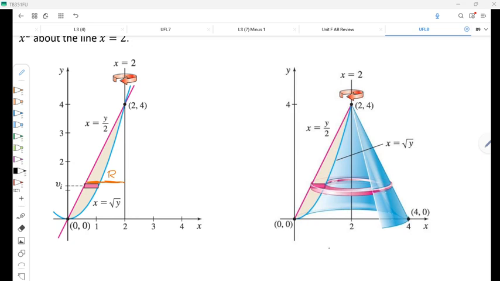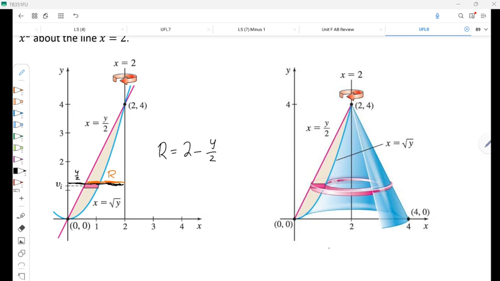And that big R is your axis line, which is 2, and our function value, which is y over 2. So our big R is 2 minus y over 2.